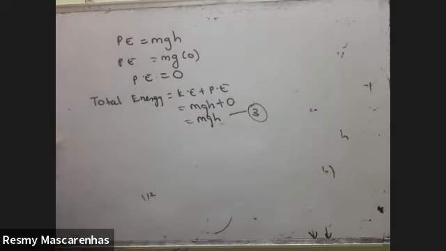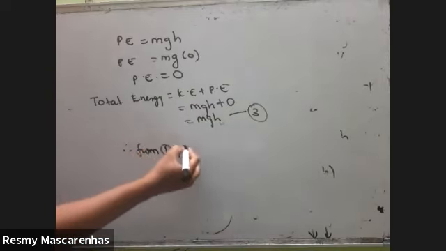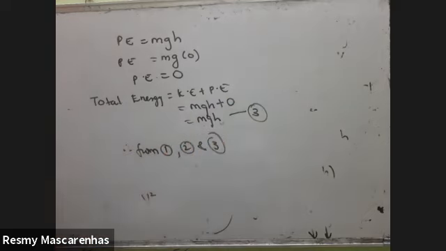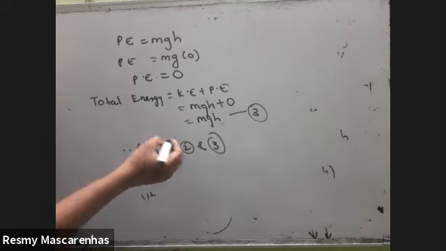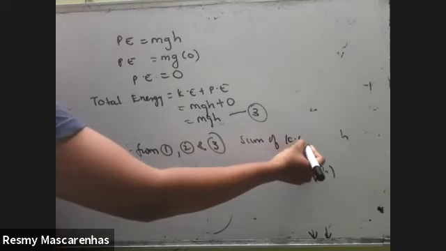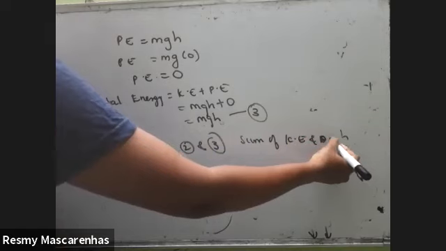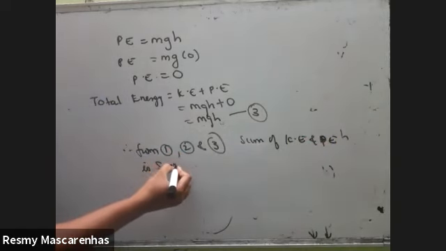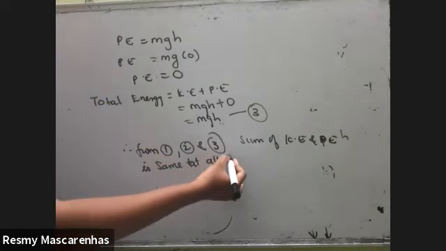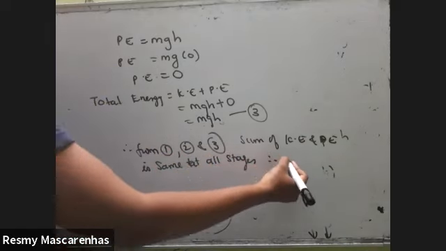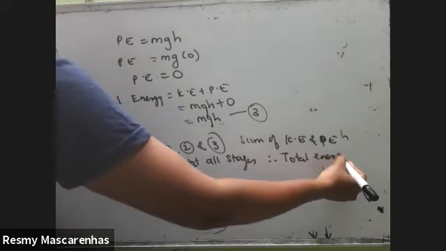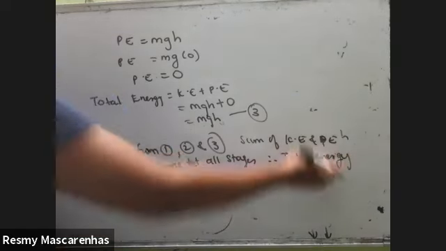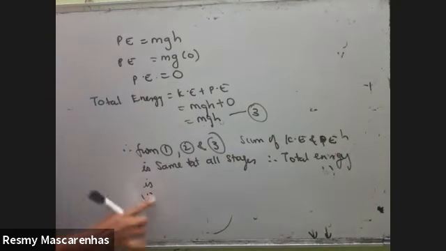Therefore, from 1, 2 and 3, the sum of kinetic energy and potential energy is the same at all stages. Therefore, total energy is conserved. It is not lost anywhere. It remains the same. Conserved means not lost.